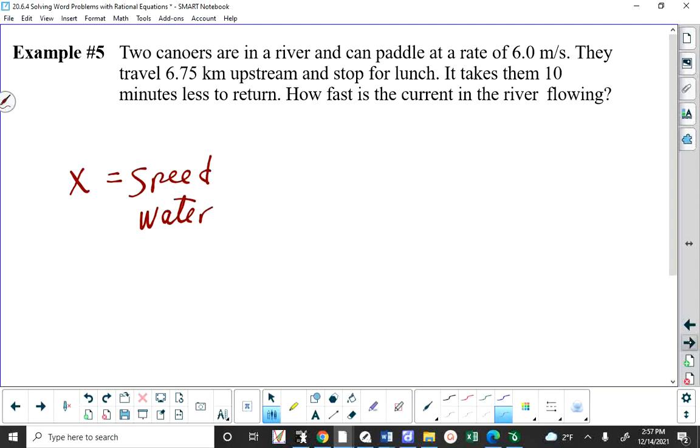They travel against the current, and they eat lunch, and then it takes them less time to return when they travel downstream because the river's helping them out. So it's a speed, distance, time problem.